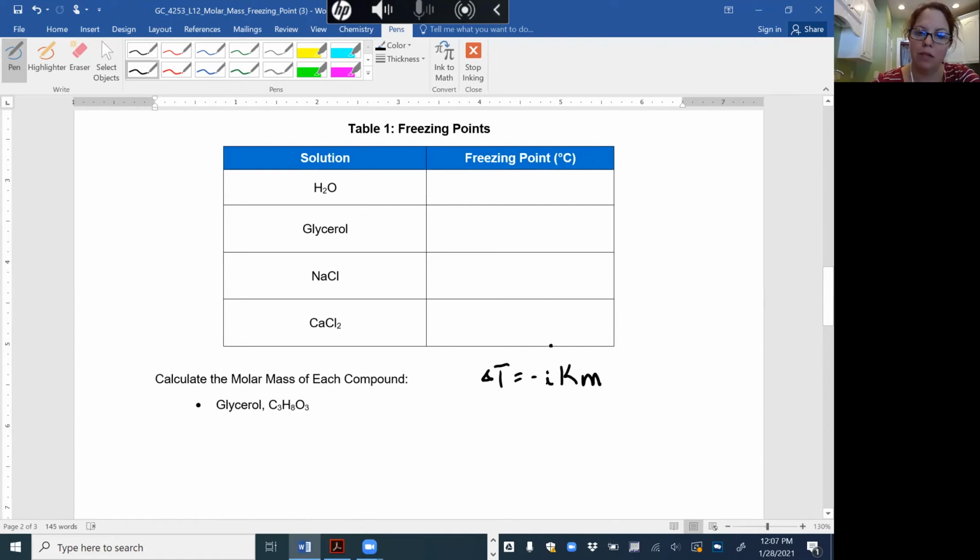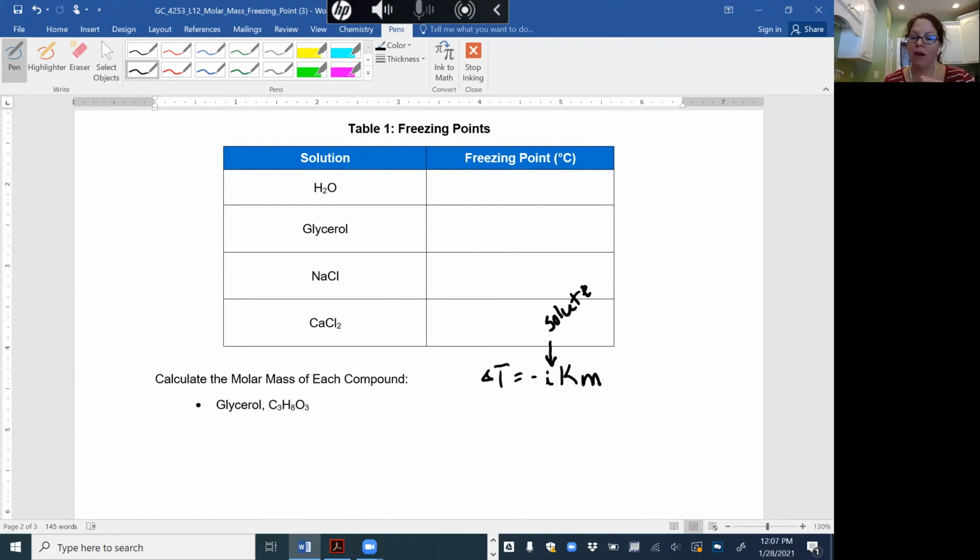Now, when you look at this formula, the i value is talking about the solute, the thing that you are dissolving. So that i value is the number of particles that it breaks apart into. If you've got a molecular compound, glycerol is an example there, it's going to stay together as a molecule, and your i value is going to be 1.